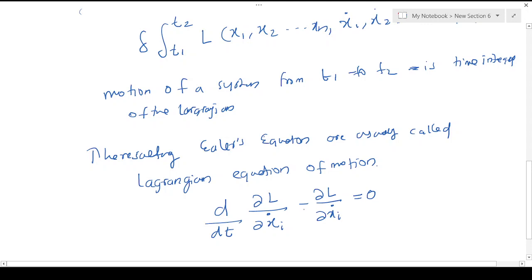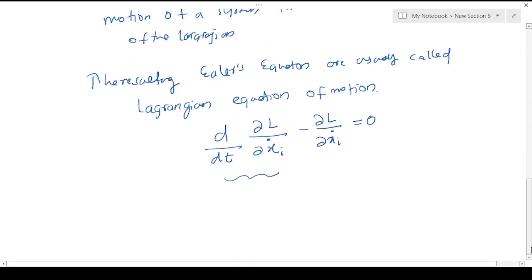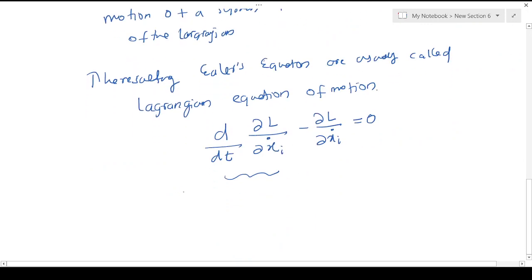Here the first term represents the kinetic energy part, and the second term represents the generalized force component.